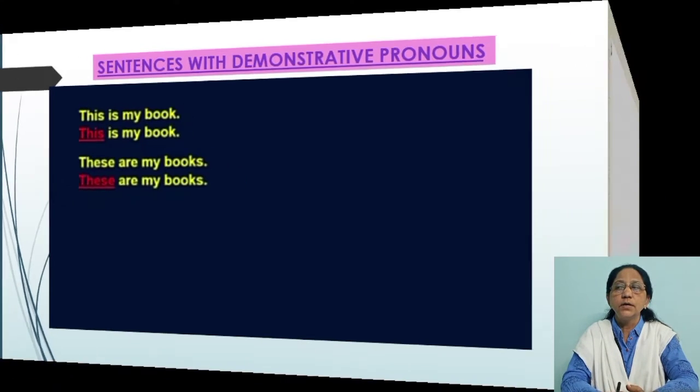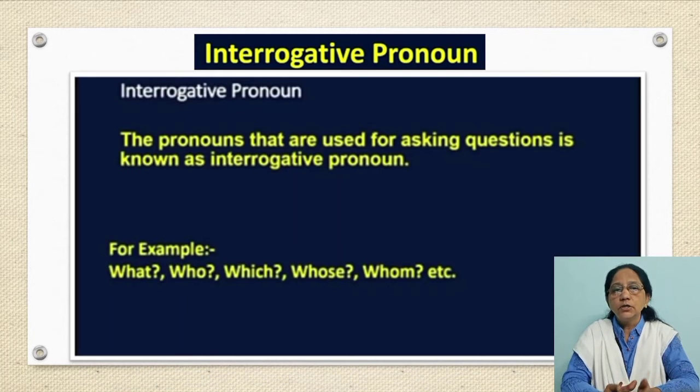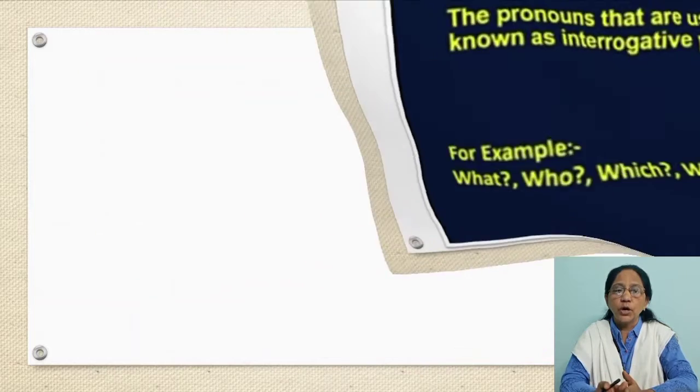Now let us see the next type of pronouns, interrogative pronouns. These pronouns are used for asking questions, like what, who, which, whose, whom, etc. Now let us see some of the questions with these pronouns.